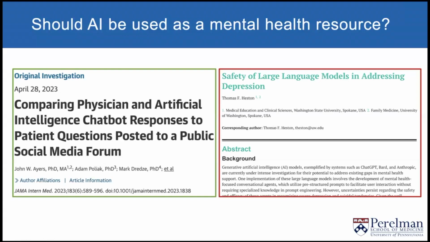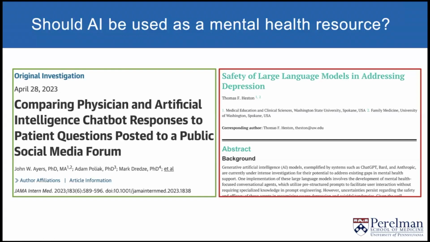Now, the study on the right, by Heston, was also published recently, and it looked at simulated scenarios, not real patients but synthetic patient questions posed to a large language model. What Heston found was that a lot of these generative AI models are too slow to escalate potentially concerning situations.